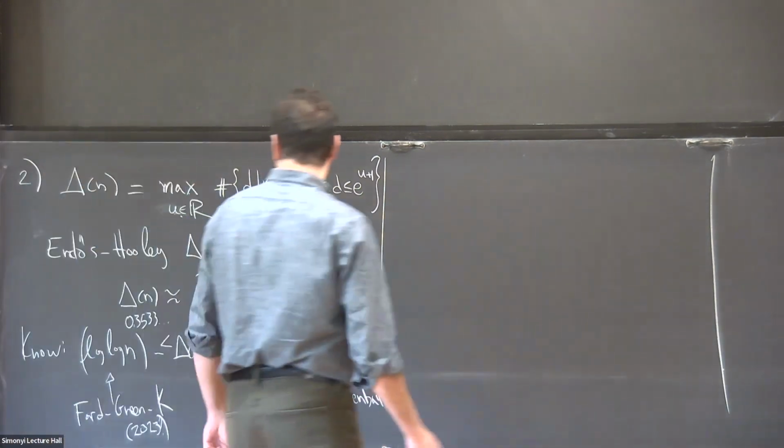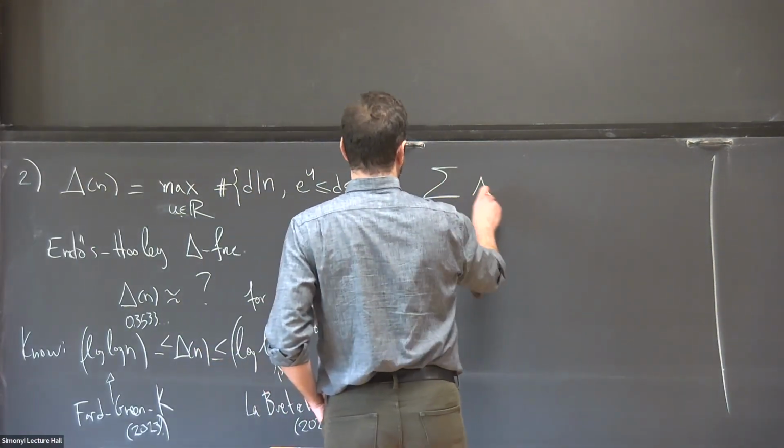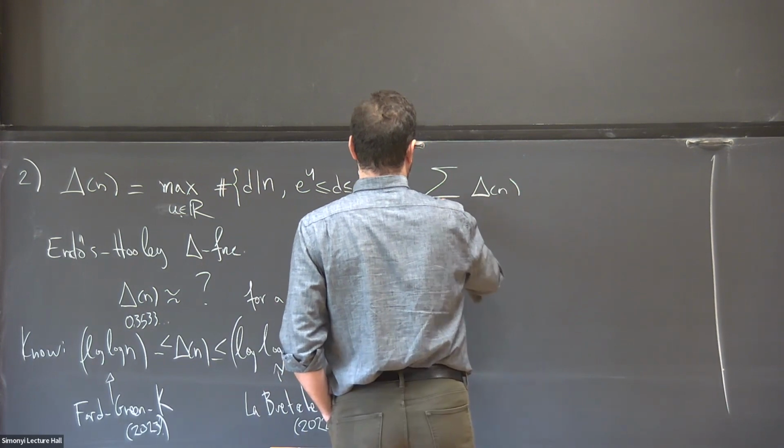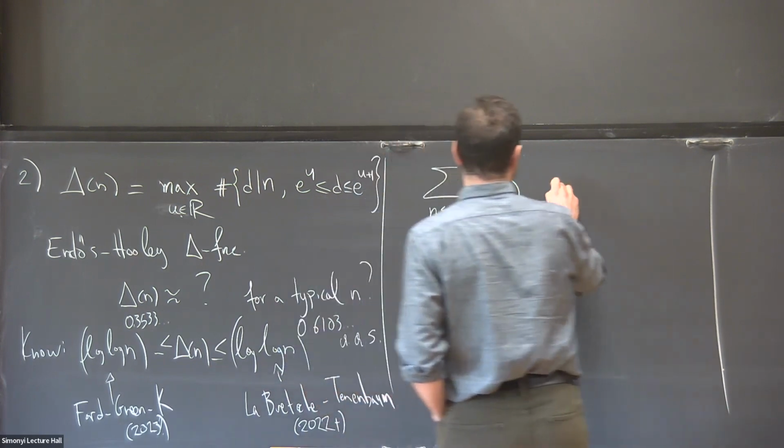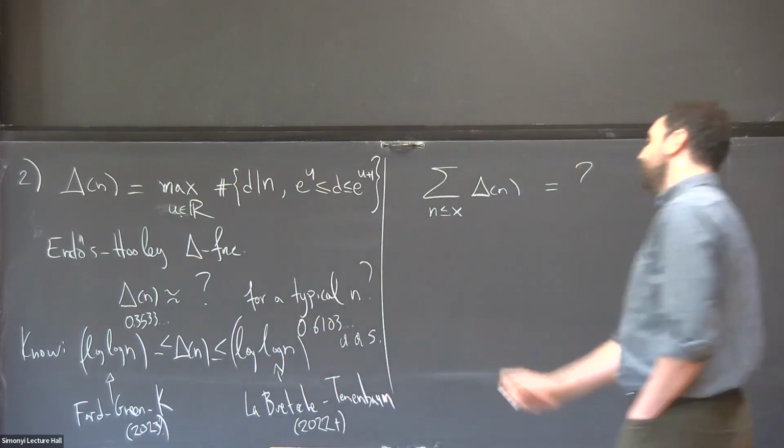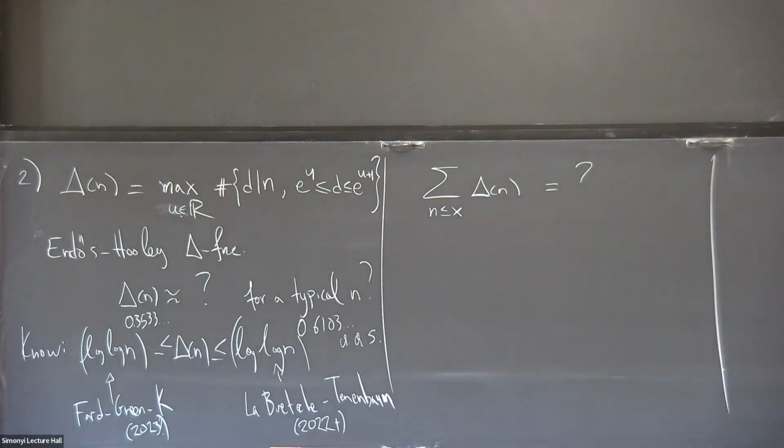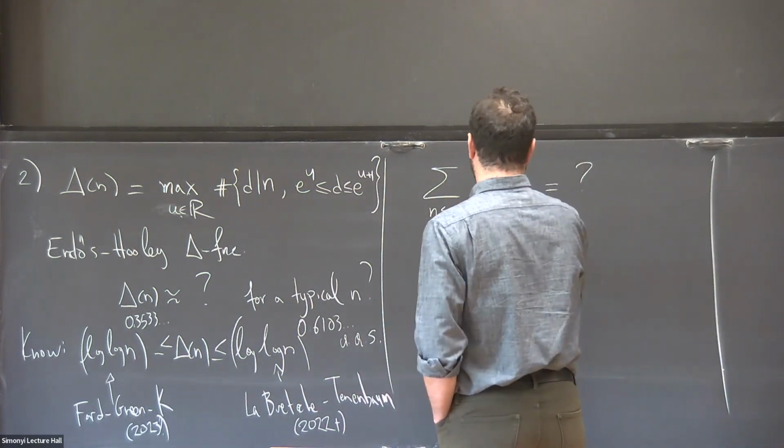Okay, another thing you can ask is, what about averages of delta n? So what would this be? And here the results are even less satisfactory.